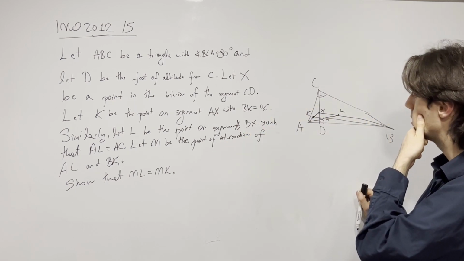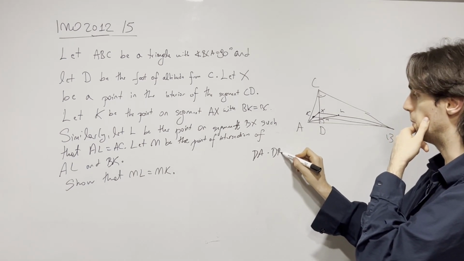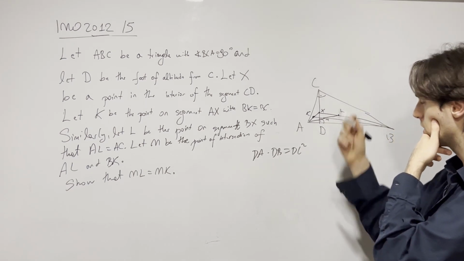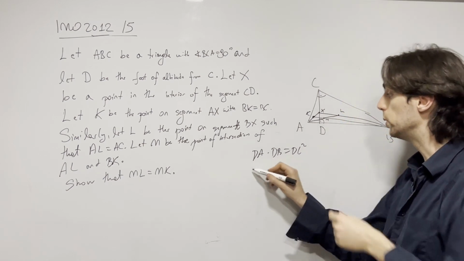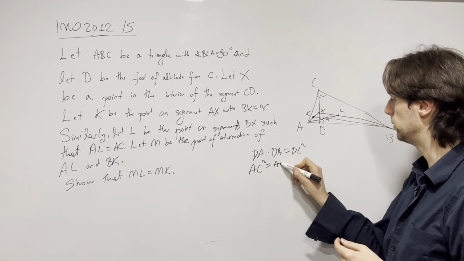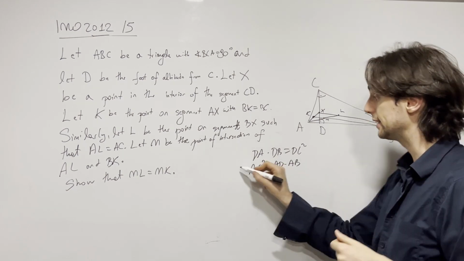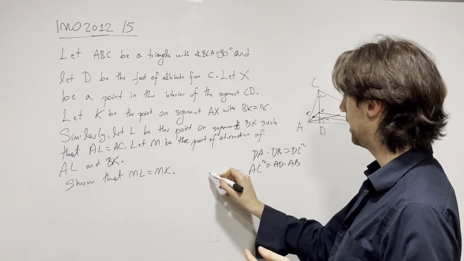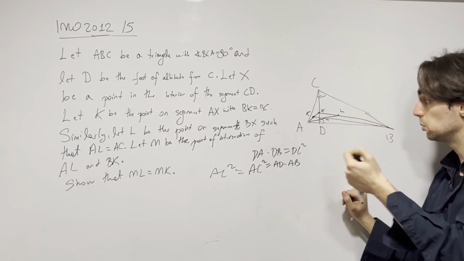We know that we have DA times DB is DC squared from similar triangles. Ooh, we have AC squared is equal to AD times AB. And then this is also equal to AL squared. And this is something that can sometimes get used in problems.